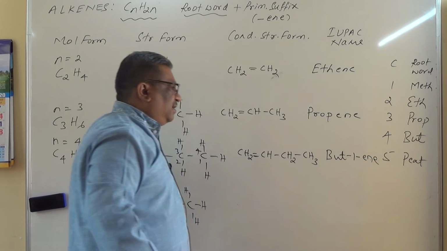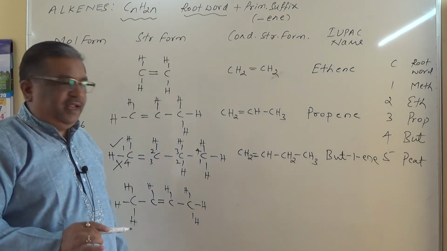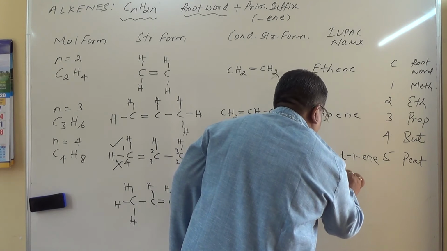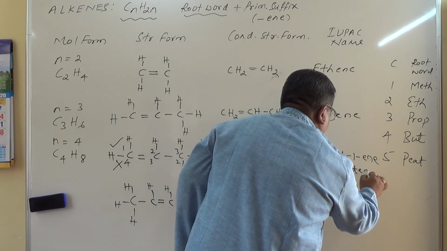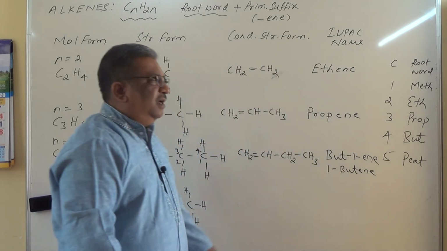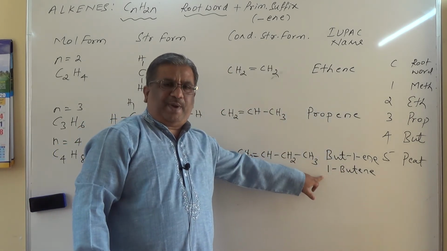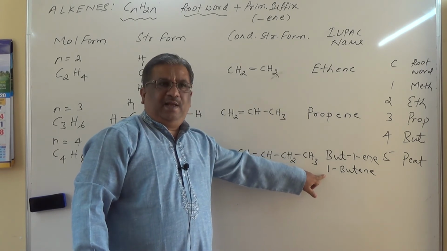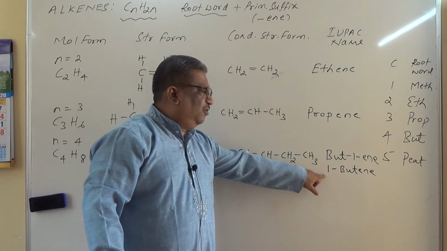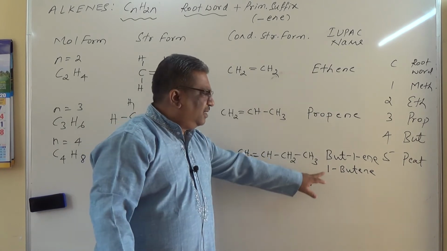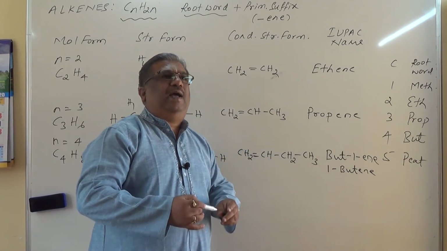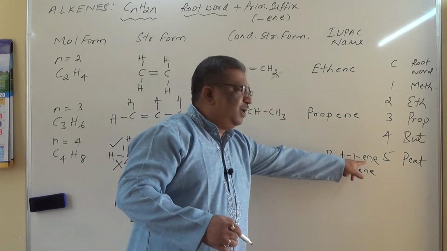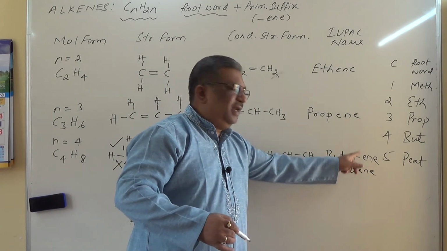This is the correct IUPAC name, but-1-ene. Also acceptable is 1-butene, but not recommended. According to the latest IUPAC rules, this way of writing is not recommended. Probably about 5 years back, it used to be acceptable. Now also there is nothing wrong in writing like this, but IUPAC recommends this way of writing, but-1-ene.